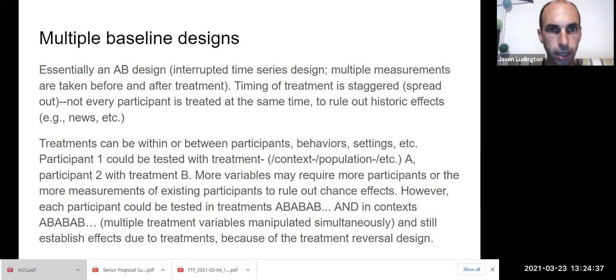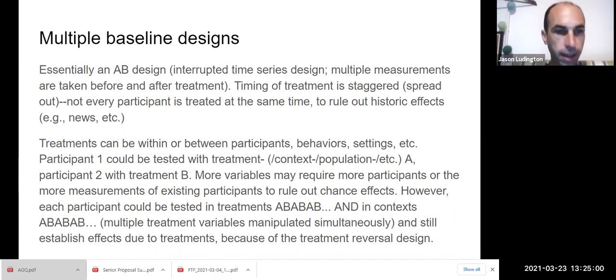Technically, it's not an interrupted time series design yet. Let me read on. Multiple measurements are taken before and after treatment. If we have multiple measurements taken before and after treatment, then it becomes an interrupted time series design.